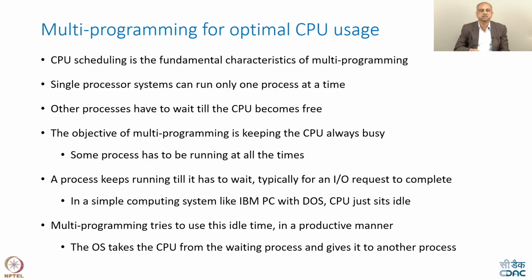In the previous slide, we saw that a single processor system can run only one process at a time, whereas other processes may be in the memory, but they cannot run unless the CPU becomes free. The objective of multiprogramming is to keep the CPU as busy as possible.